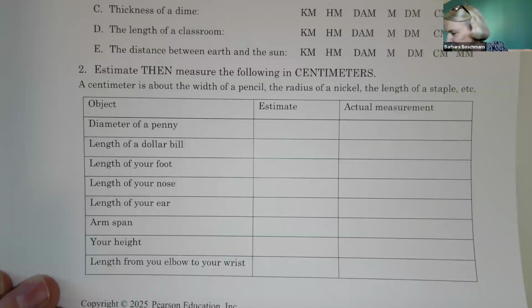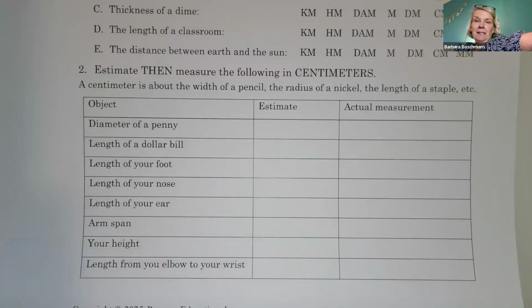It's right here. Your arm span is all the way middle finger to middle finger. And then your height, maybe stand against the wall somewhere, make a little mark, put a little sticky note, and then estimate your height. And then the length from your elbow right here to your wrist, which is right there. So from here to here.